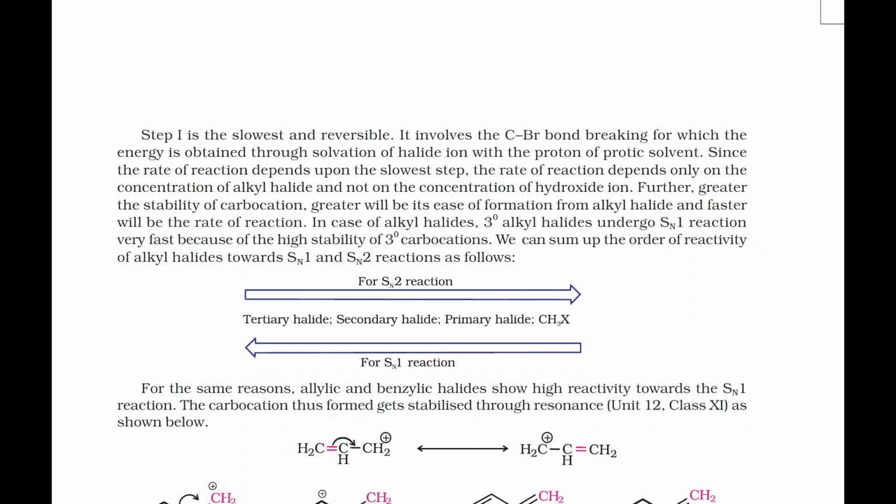If the stability of the carbocation is higher, its formation from the alkyl halide is easier and faster. So the first reaction will be faster, and the reaction rate will be higher, because that is the rate determining step. As I told, tertiary alkyl halides give stable carbocations, so they prefer to undergo the SN1 reaction.